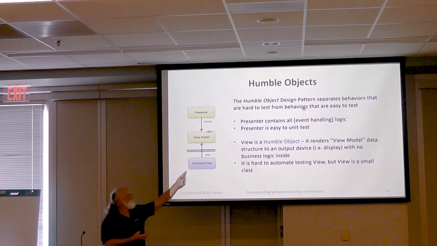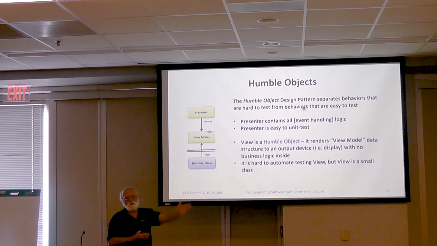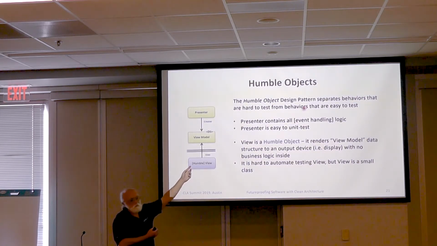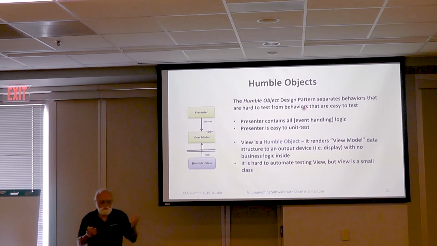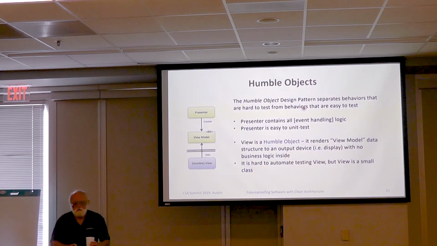So what your humble view does, it just goes through the structure and displays those strings. It doesn't do any formatting, any range checking, anything like that. It's given the data structure, it just renders it. So it really doesn't matter whether you implement a desktop UI or a web-based UI, because this object is small. You still need to make sure it works, but it's very simple and it takes less time to debug it.